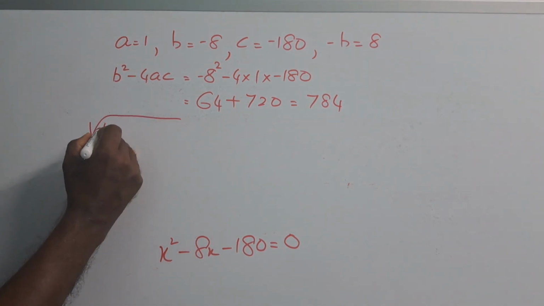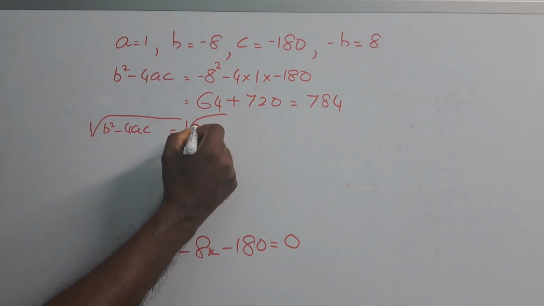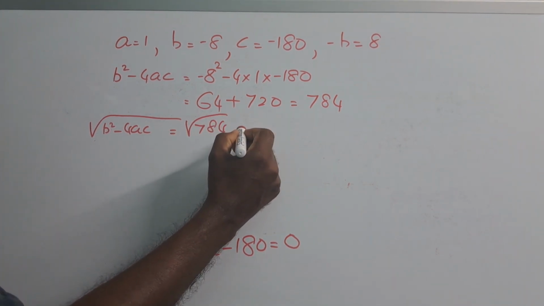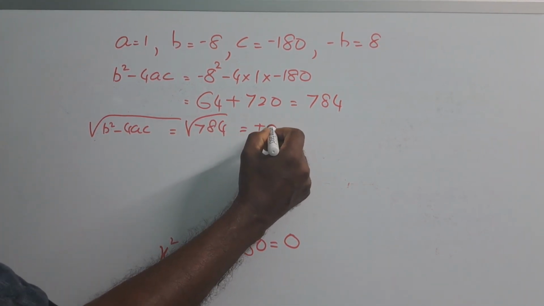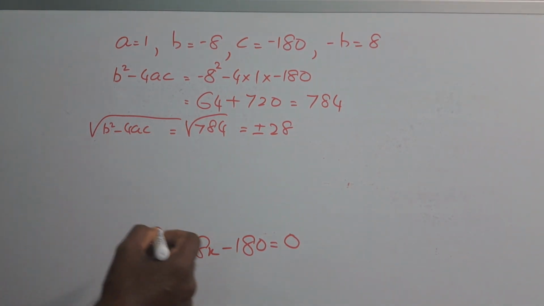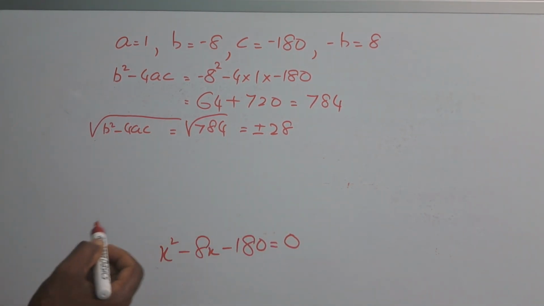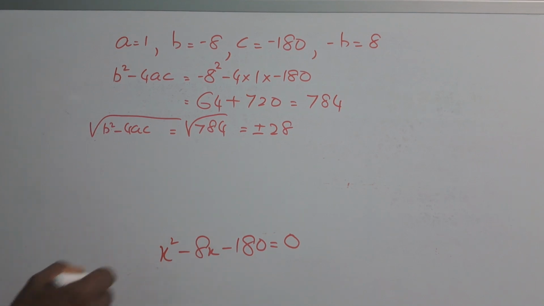Root of b square minus 4ac equals root of 784 is equal to plus or minus 28. It is better for you to learn squares up to 30. It will be easier for you to write the examination.